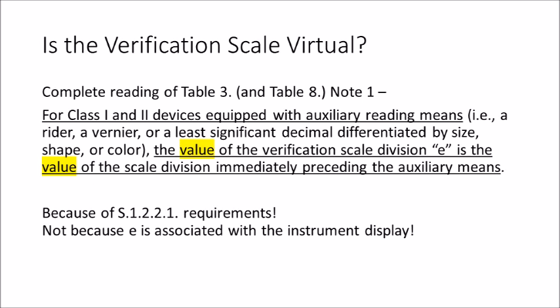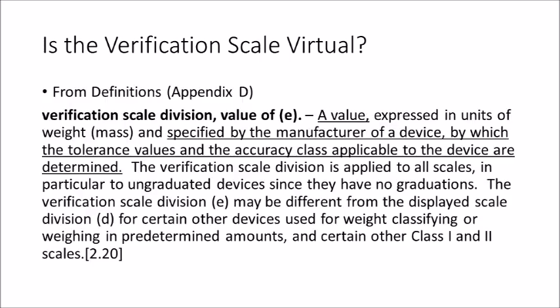If we now go and read all of the words, we find that the value of the verification scale division E is the value of the scale division immediately preceding the auxiliary means. It means they have the same value, but they're not the same. They're the same because of S1221, not because the verification scale is somehow associated with the instrument display.